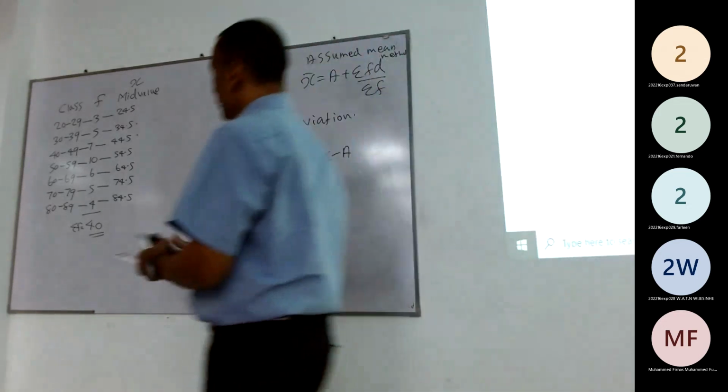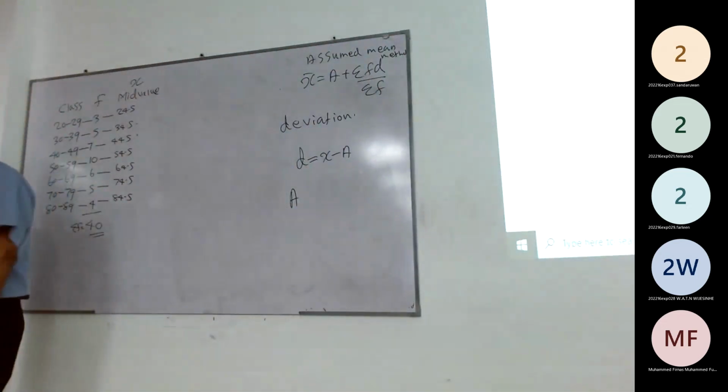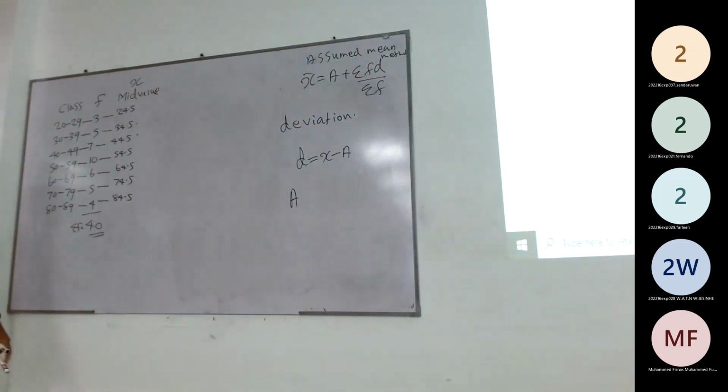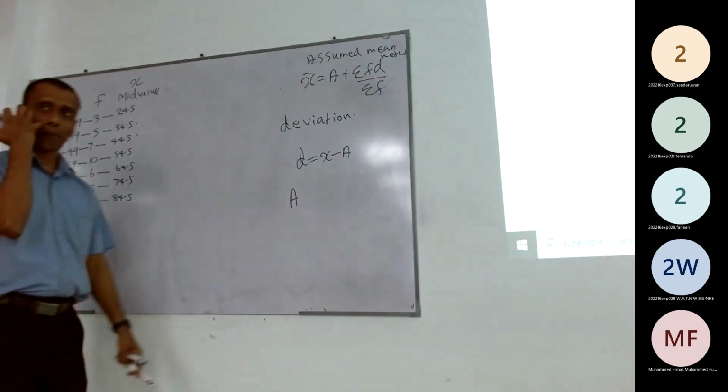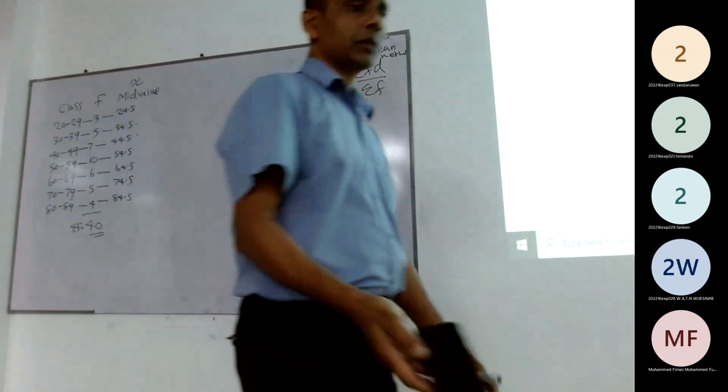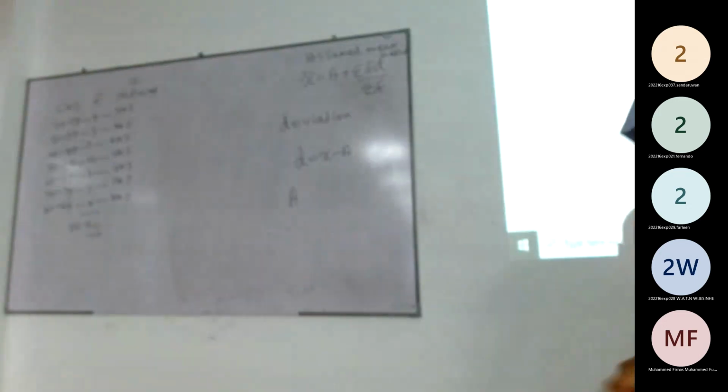Again, write down this one: class, frequency, and mid values.